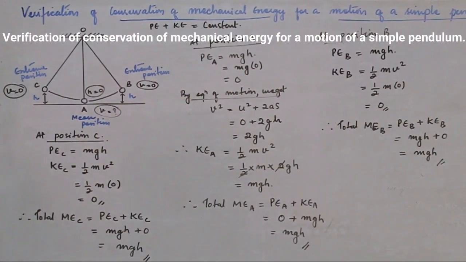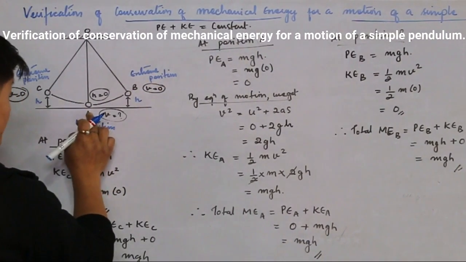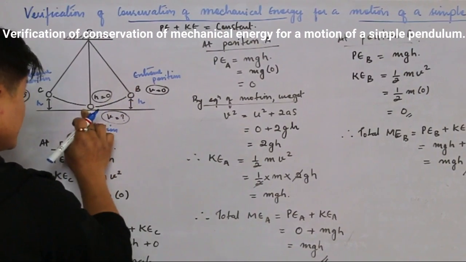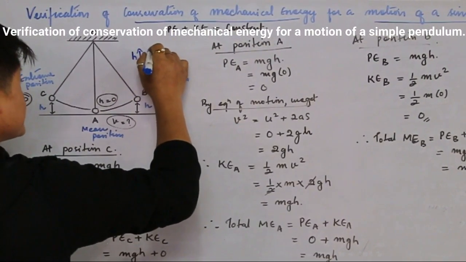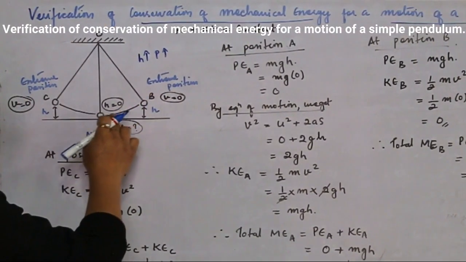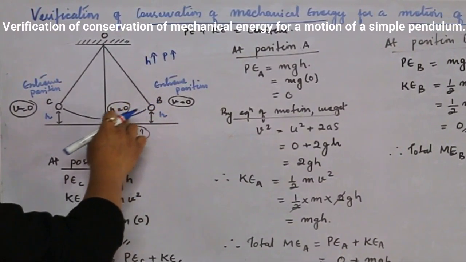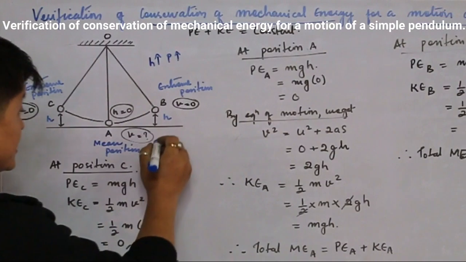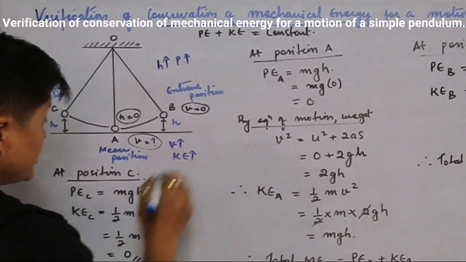So we have noticed that when the bob moves from A to B, the height will increase. When the height increases, potential energy will also increase. And when it is coming from B to A, the height decreases, which means its velocity will increase. When the velocity increases, the kinetic energy will also increase.